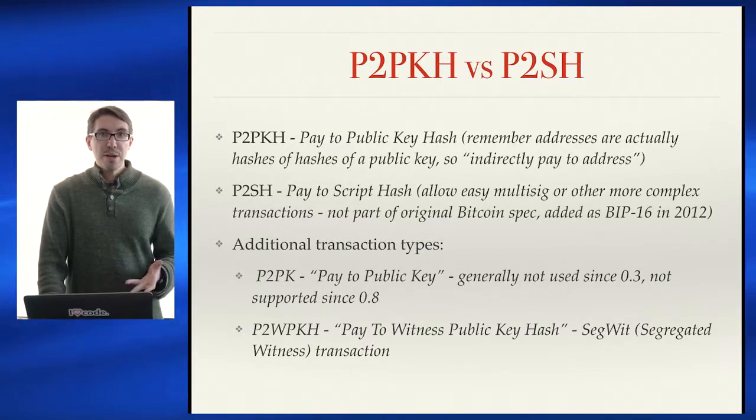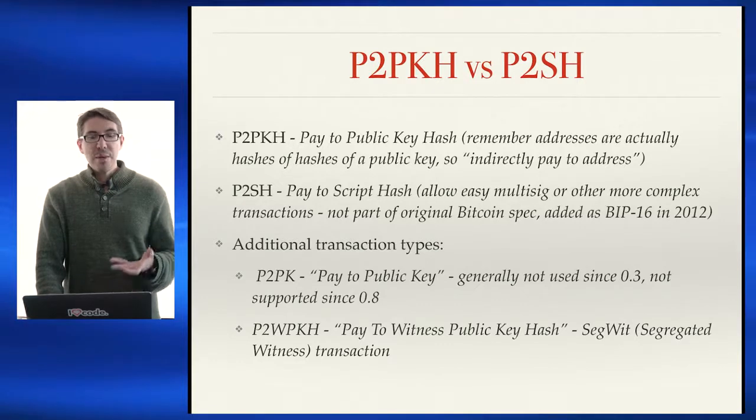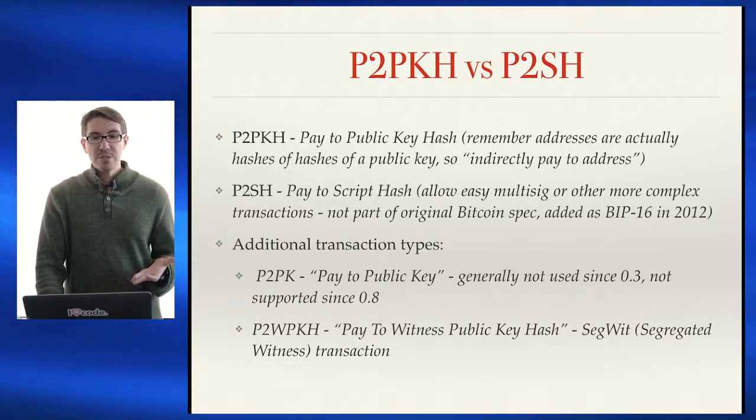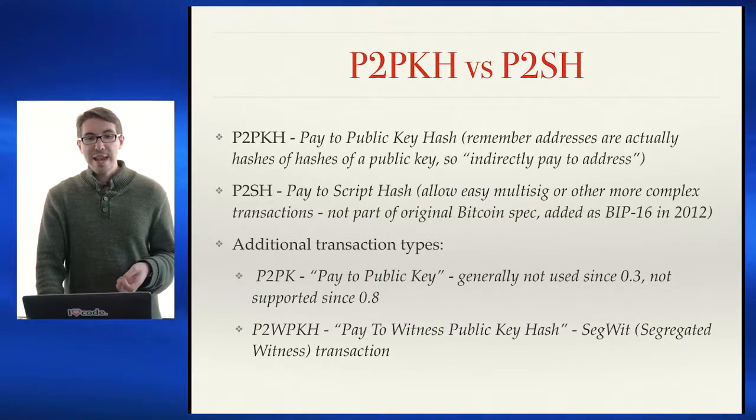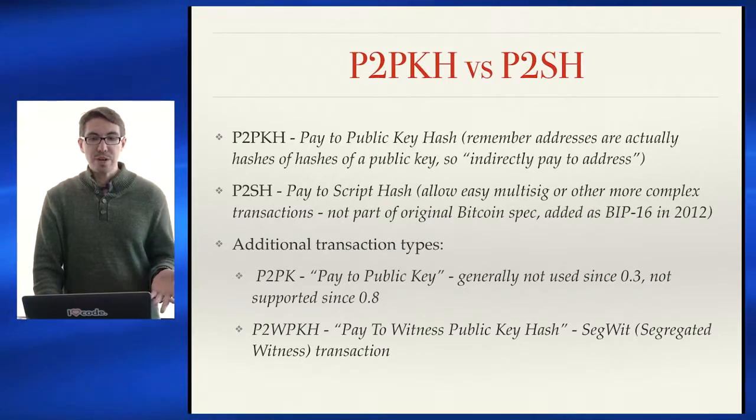So if you remember, addresses are actually the hash of a public key. So really, this is like pay to address. It's probably the most commonly used. There's also P2SH, pay to script hash, where if you have a complicated script, instead of paying specifically to an address, you can pay to a hash of a script.